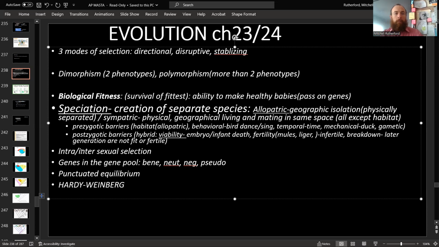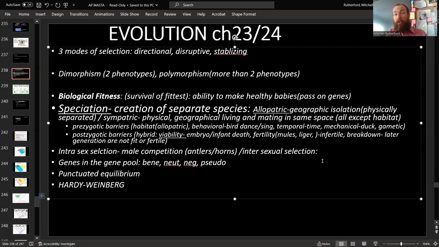Okay, now intra versus intersexual selection. This is a good example of the intra is male competition. When males are fighting, this is like anything with antlers or horns, pretty much. I mean, horns kind of, typically that's just a display of masculinity, and that's the intrasexual selection.